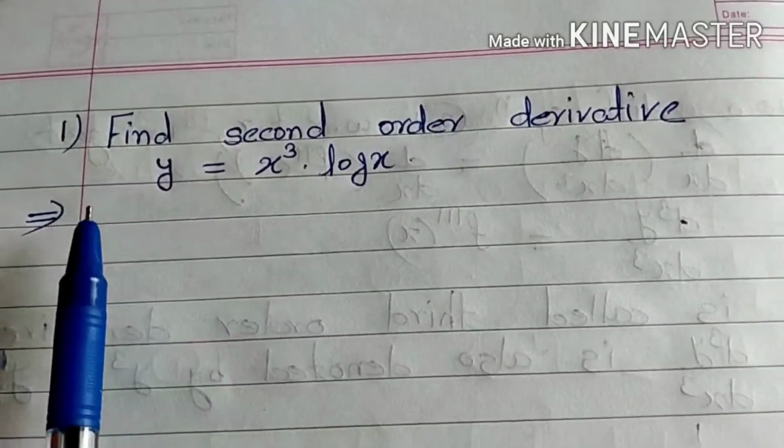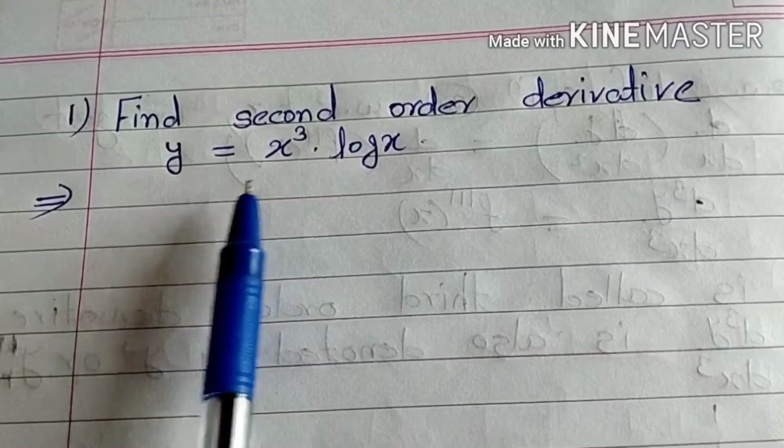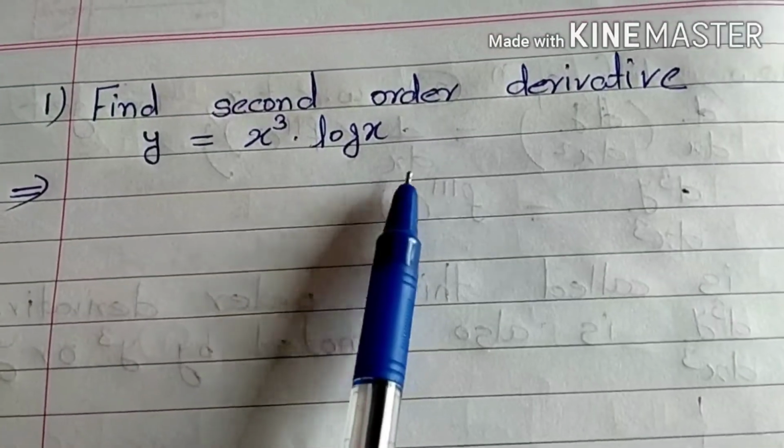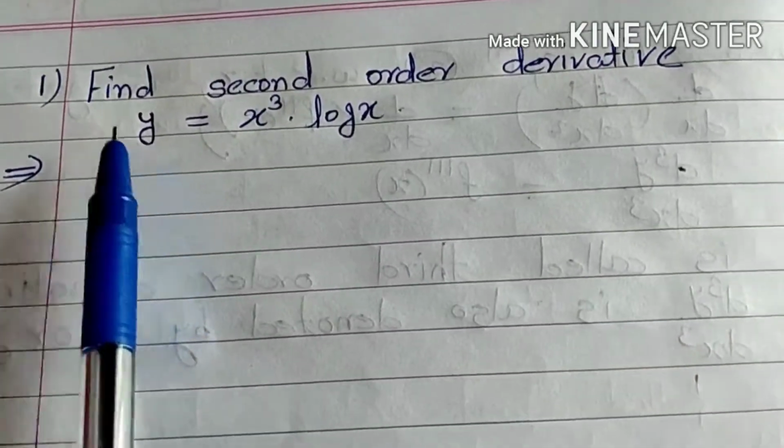So the first example is: find the second order derivative, where the function is y is equal to x cube into log x. We have to find the second order derivative, meaning we have to differentiate y two times.